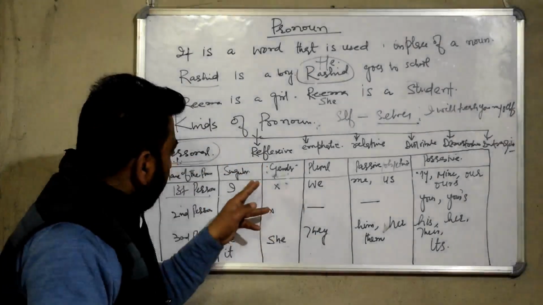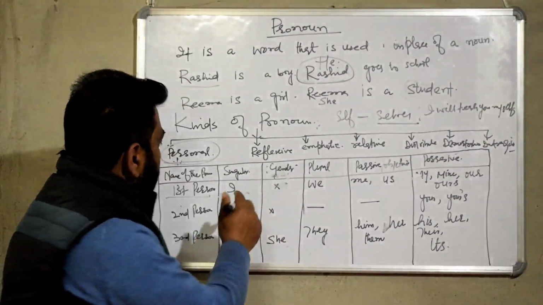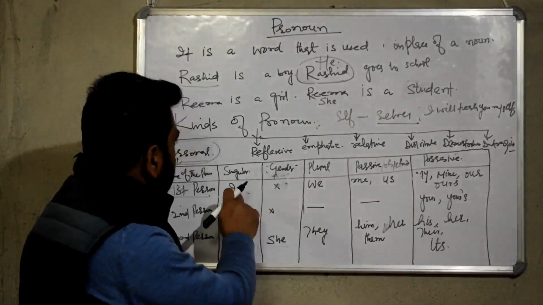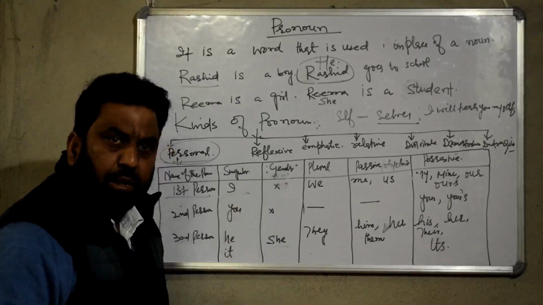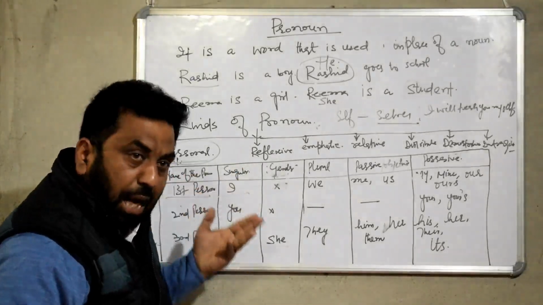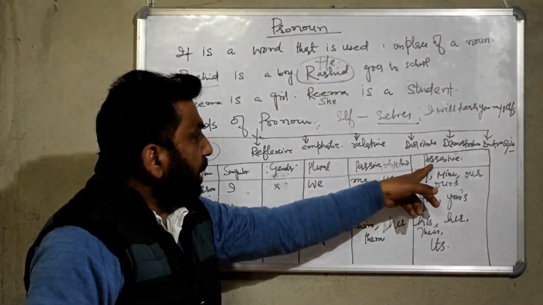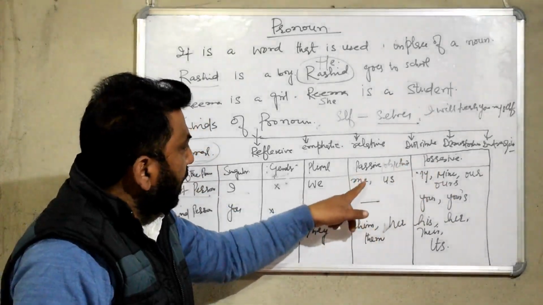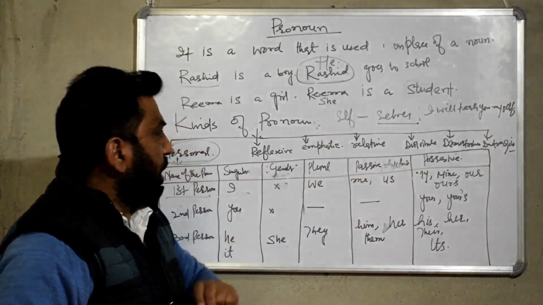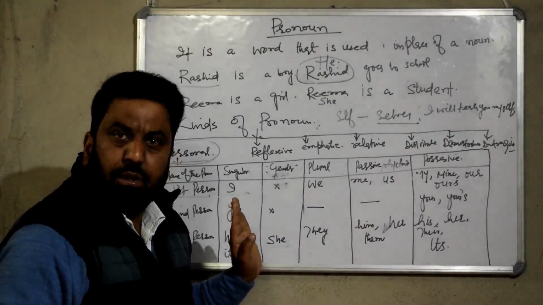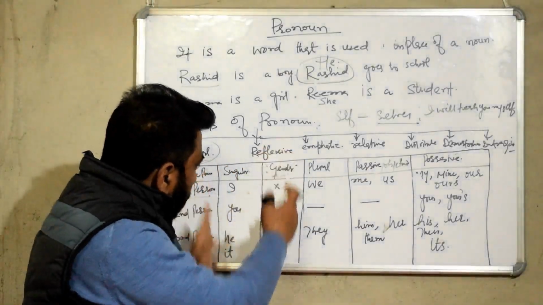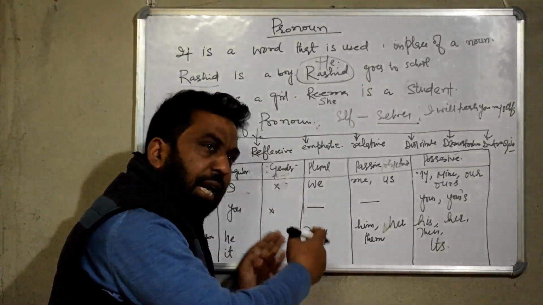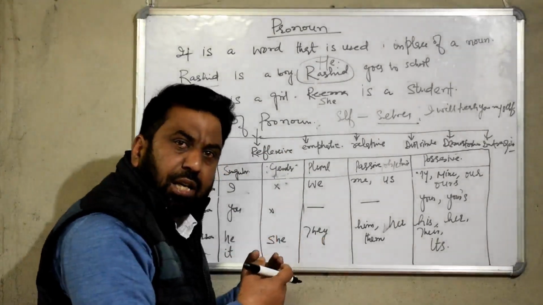Sometimes you are asked to fill in the blanks with possessive pronouns, or with objective pronouns or plural pronouns. So you have to go through this chart and learn them by heart.